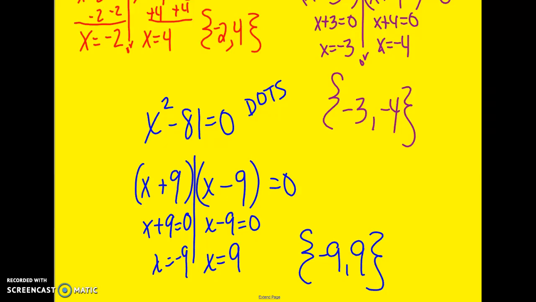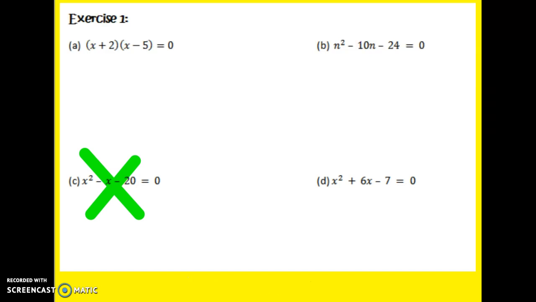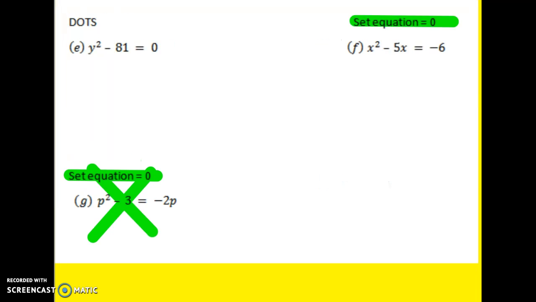Now what you're going to do is go along and work on A, B, C, and D of exercise 1. A is already factored, B and D are not. Cross off C. Then the top one, E, you use dots. F, there's an issue because it's not equal to 0.